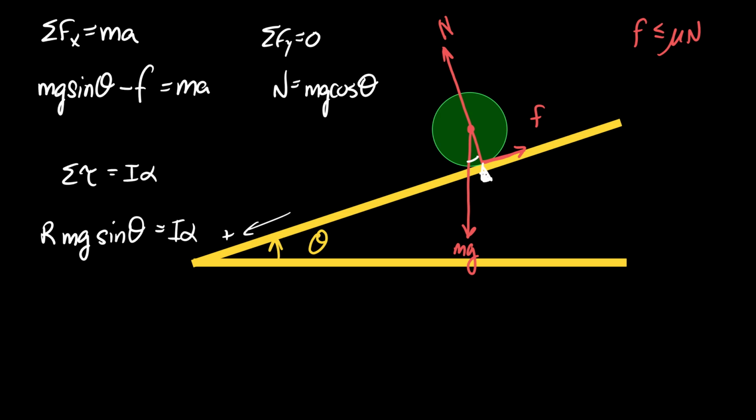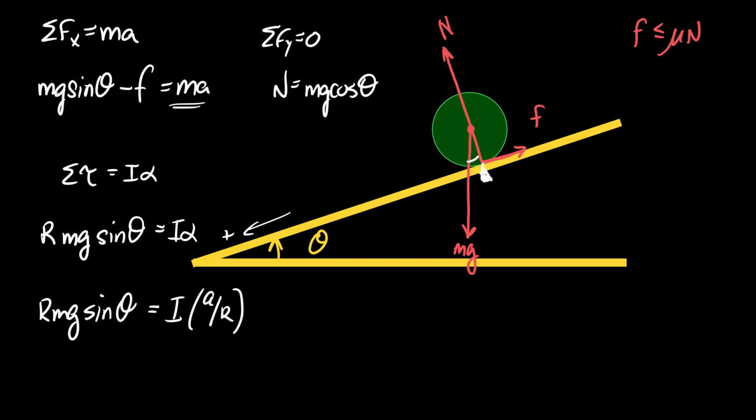I'm going to make some of the same decisions I made yesterday. I'm going to replace alpha with a over R. I'm going to leave all the rest kind of the same, except I want to solve this for a, so I can sub it in here.